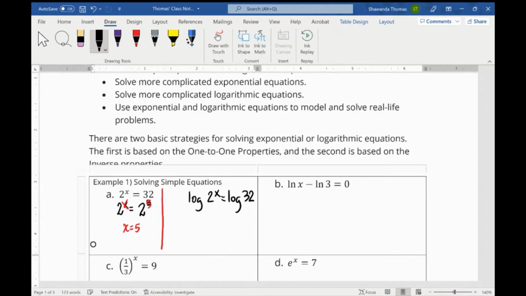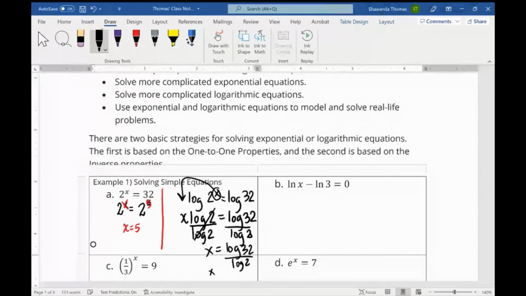Well, there's this power rule that says that we can put the x in the front. Y'all remember that? x log of 2 now equals log of 32. Then you can divide both sides by log of 2 so that we get our x by itself. We end up with what we just had, that change of base formula, log of 32 over log of 2. Put that in your calculator and you should get 5.